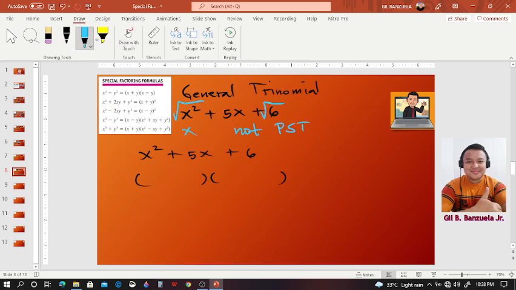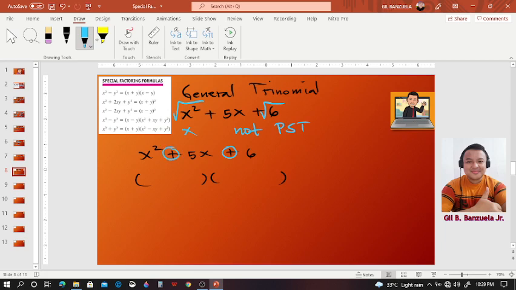Alright, and check the sign of the last term. So if the last term is positive, it tells us that the operator in between these two binomials are the same. Again, kung yung last term ay positive, yung operator natin sa dalawang binomial ay pareho ng sign. So, anong sign, Sir Hill?